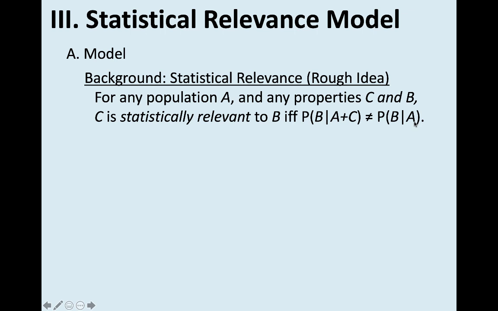And if that condition is satisfied, then smoking is statistically relevant to lung cancer, which of course it is. So this is what this slogan means. It's just like, the probability of, say, having lung cancer given that you're human and you smoke isn't the same as the probability of having lung cancer given that you're human, which means smoking is statistically relevant to having lung cancer.